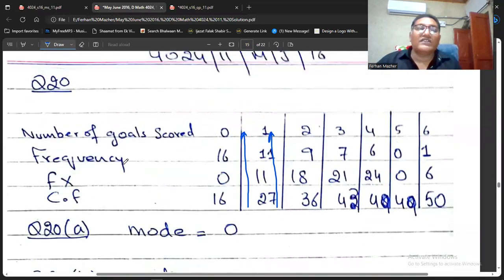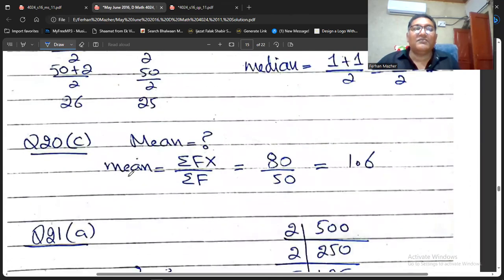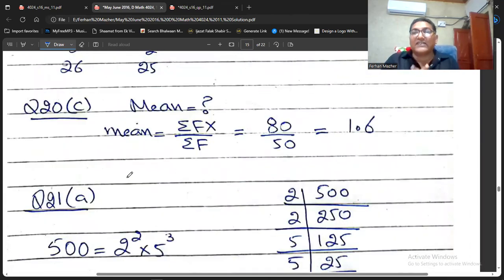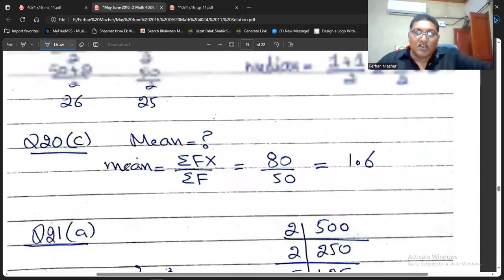So this is the fx row, and 0 multiplied by 60, that's 0. 1 into 11, that's 11. 2 into 9, that's 18. 3 into 7, 21. 4 into 6, that's 24. 5 into 0 is 0. 6 into 1 is 6. So the mean will be the summation fx divided by the summation f.